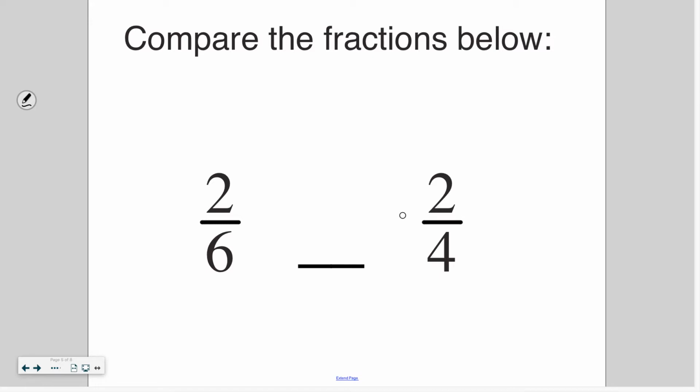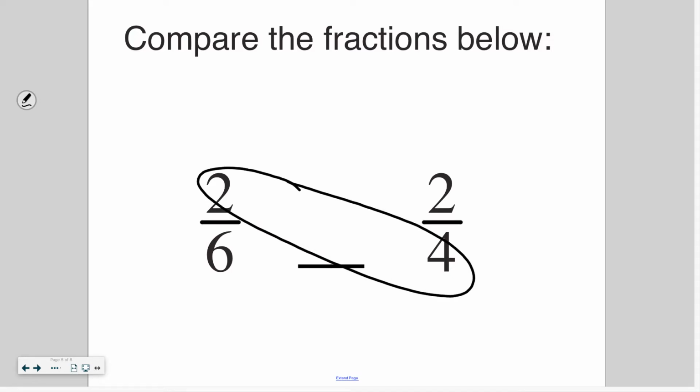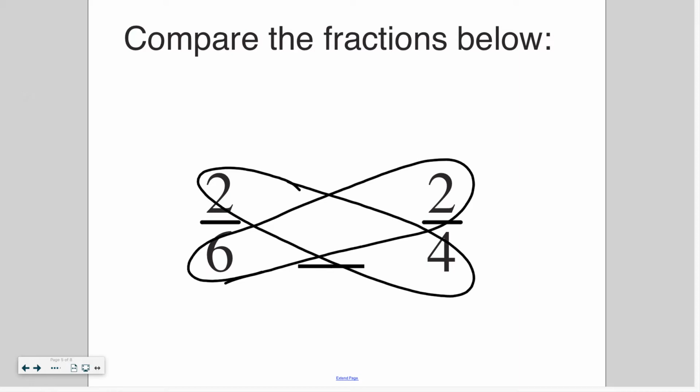In this case, we've already learned how to draw a model to help us compare fractions when the denominators are the same. Another strategy you can use is called the butterfly method. And the reason it's the butterfly method is because you crisscross, and when you draw it out, it kind of looks like a butterfly's wings, right? So what you do is you multiply up from the denominator of one fraction to the numerator of the other fraction.